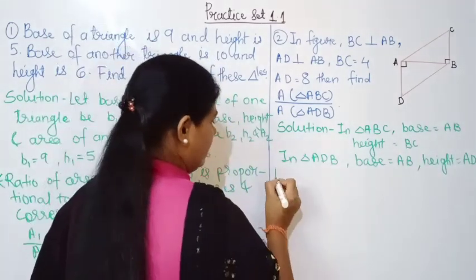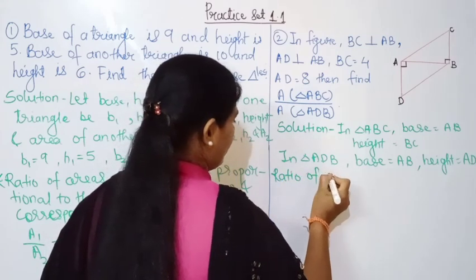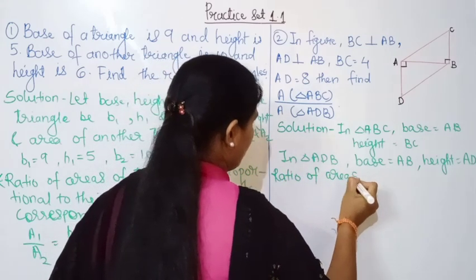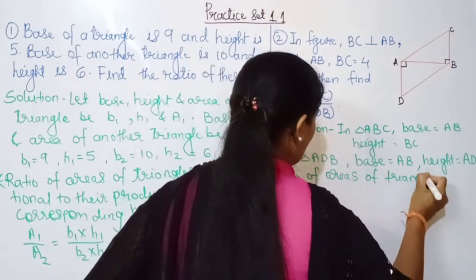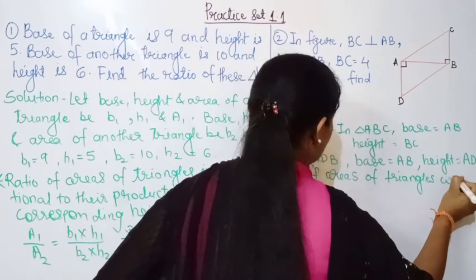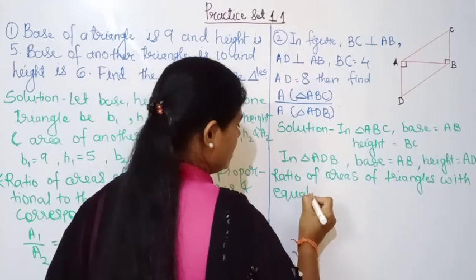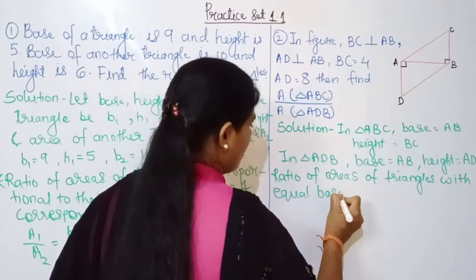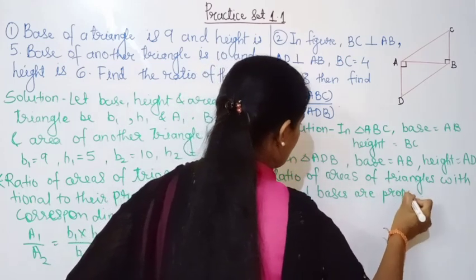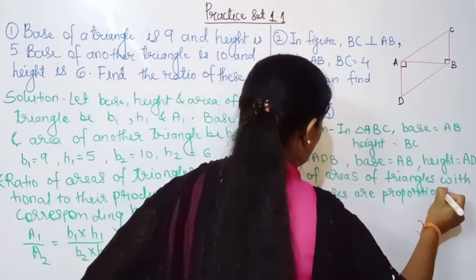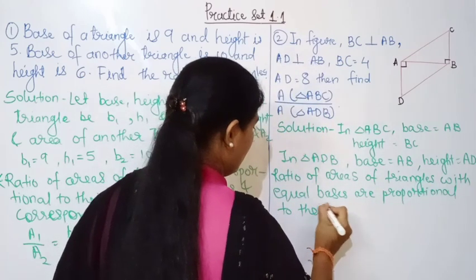Okay, so we'll write the statement here: the ratio of areas of triangles with equal bases are proportional to their heights.